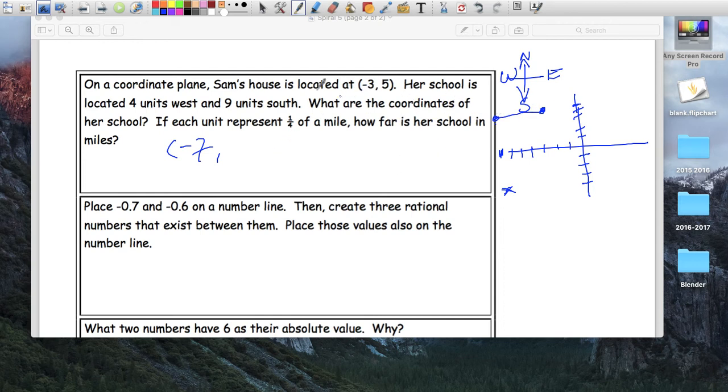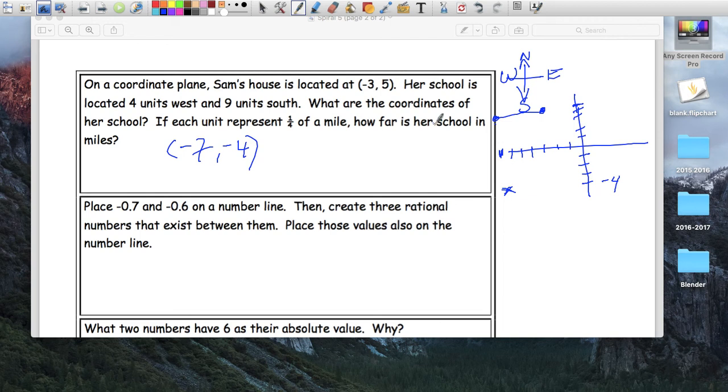To go down 9 means, from here to here, she goes 5, reaches 0, and then she goes 4, so -4. That's the coordinates of her new school, okay? So if she's at 5 here, positive, and you go down 9, 1, 2, 3, 4, 5, 6, 7, 8, 9, you end up at -4.